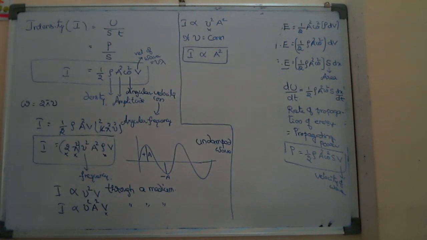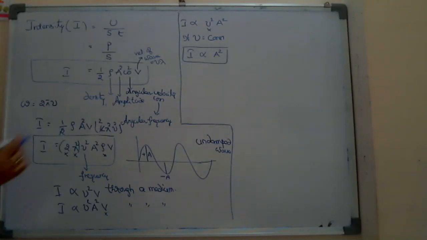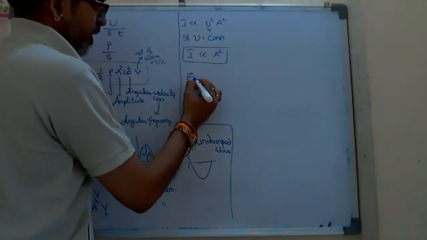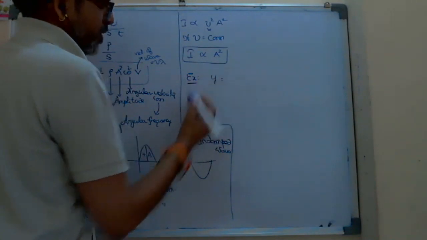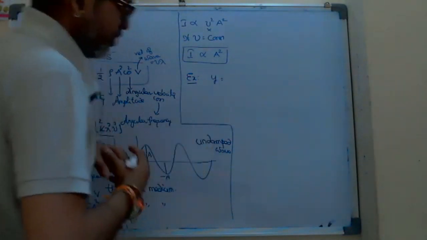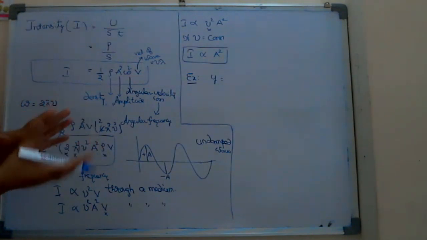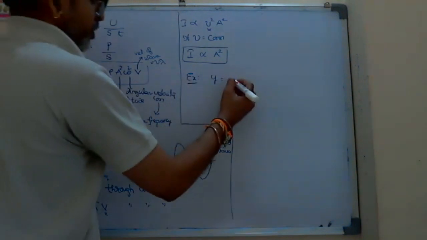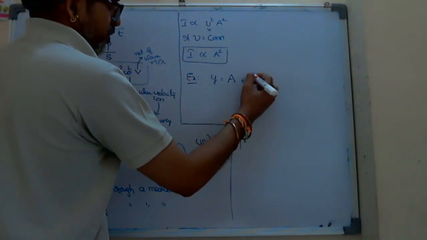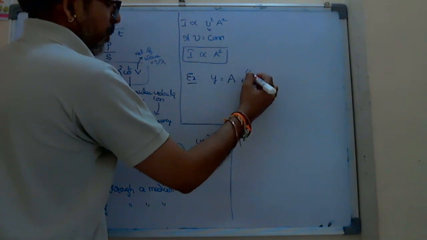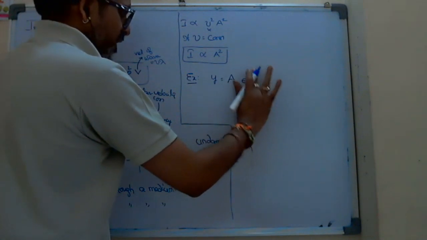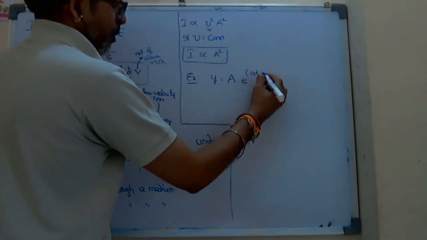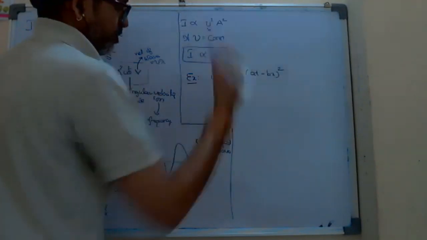Now, the displacement of a wave. Suppose I give an example: for a progressive wave, y is a function of x minus vt, or t minus x by v, as I already told you. Suppose I give one equation, y is equals to a into e power (at minus bx) whole square.